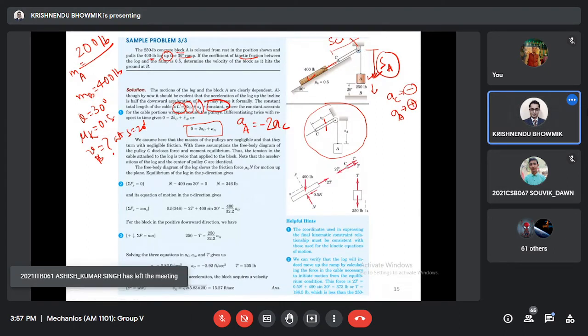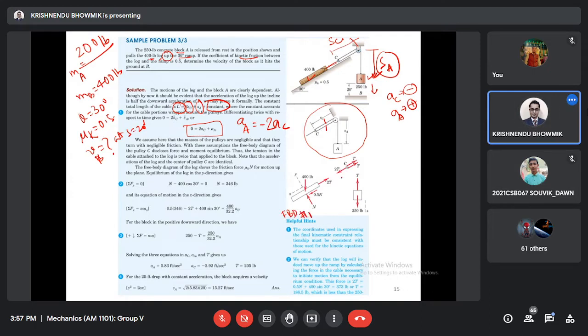Okay. So now if you want to draw the free body diagram, this is 1, this is 2, and this is free body diagram 3. In free body diagram 3, it is straightforward that there will be some force here and some tension T here.